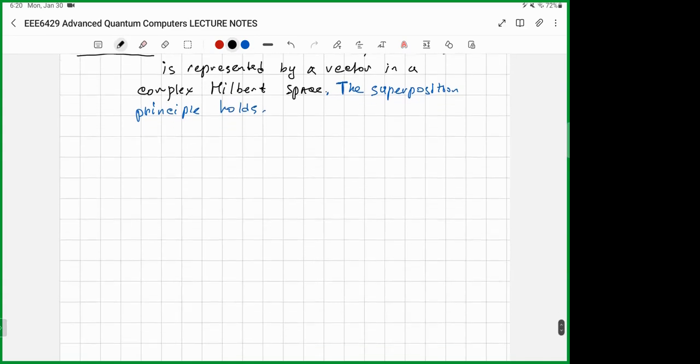So what people who work in the quantum area basically say is that a quantum system of any kind is attributed by some psi vector state.